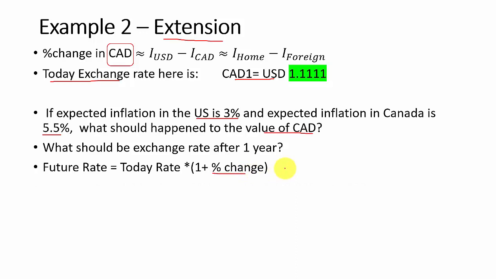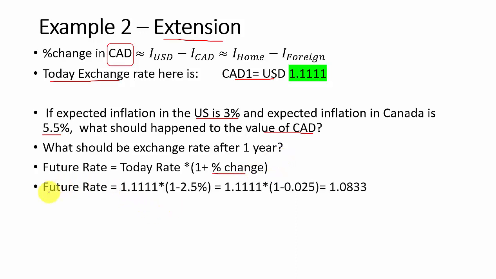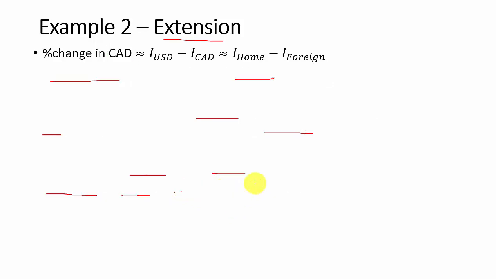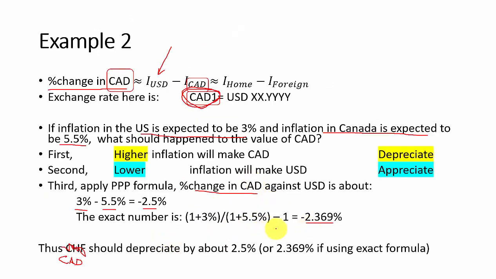So we can apply this formula: future spot rate equals today's spot rate, which is 1.1111, times 1 minus the percentage change, which is 2.5%, coming from the previous slide.